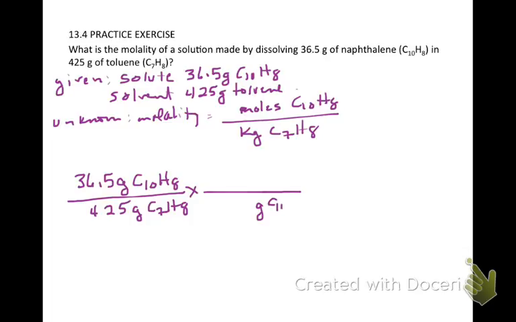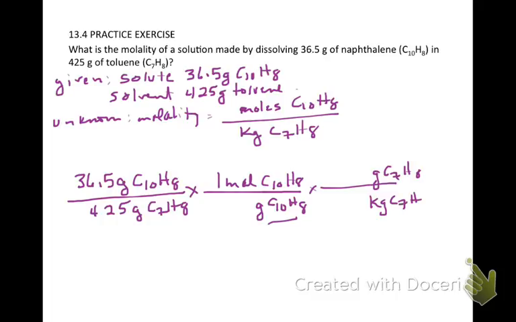Can I calculate the number of moles of naphthalene, the number of grams of naphthalene in 1 mole? Absolutely. If you notice, I put labels. What chemical am I talking about at every step? Right. Can I convert the grams of toluene to kilograms of toluene? Yes.